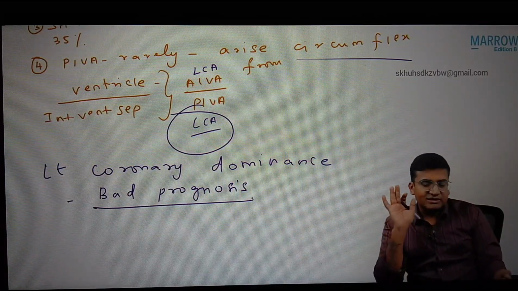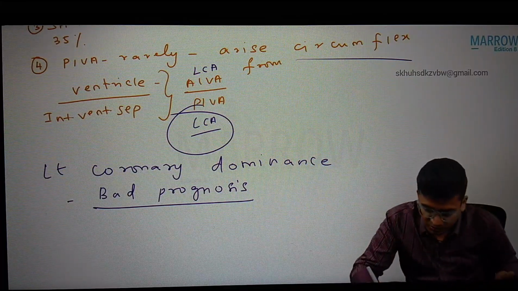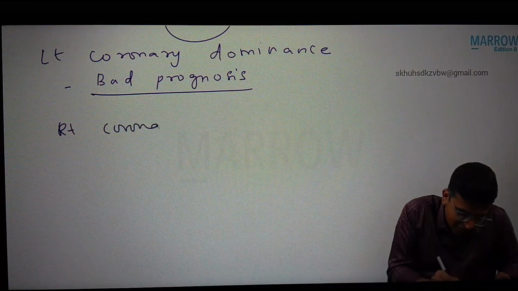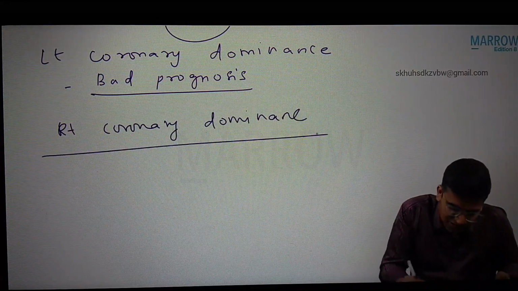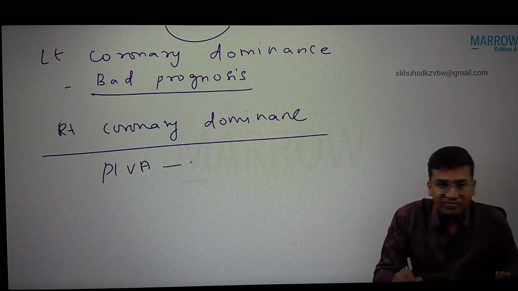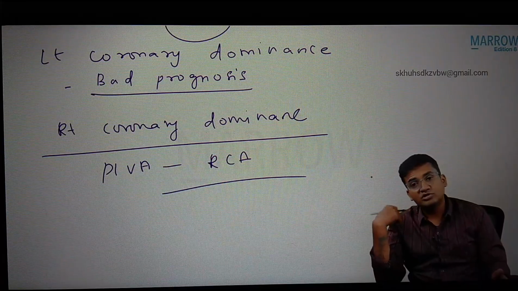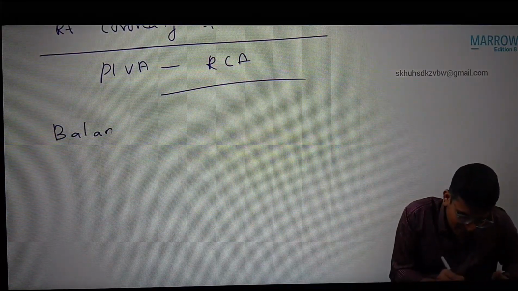Again, left coronary dominance is a very rare scenario. Most individuals have only right coronary dominance. So, what is the meaning of this? The posterior interventricular artery is coming from, yes, very good, the right coronary artery. Now, we also have one more type called the balanced type.